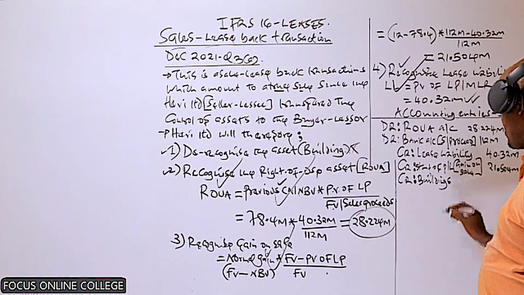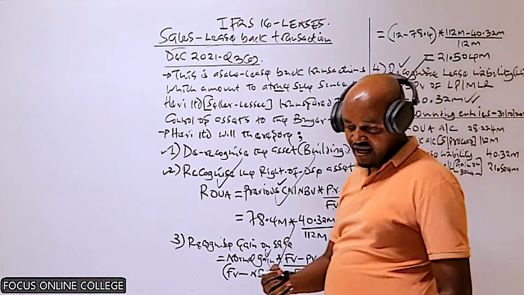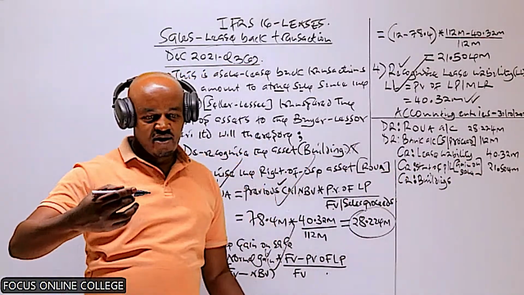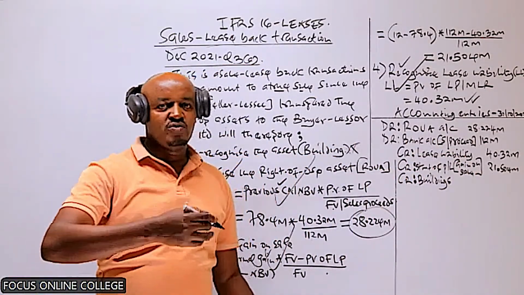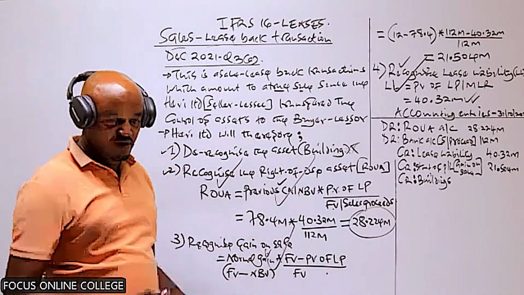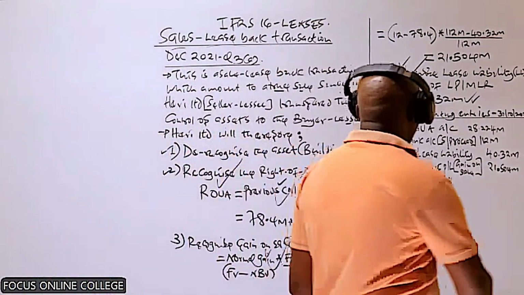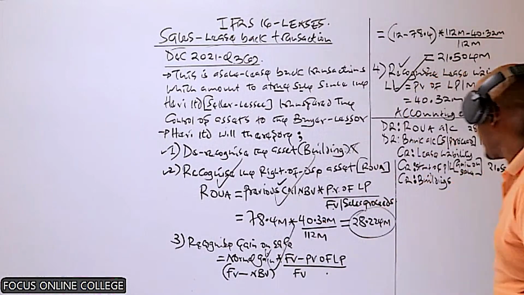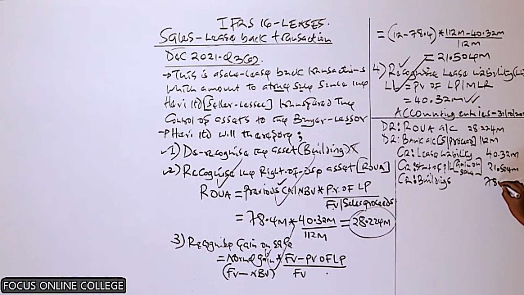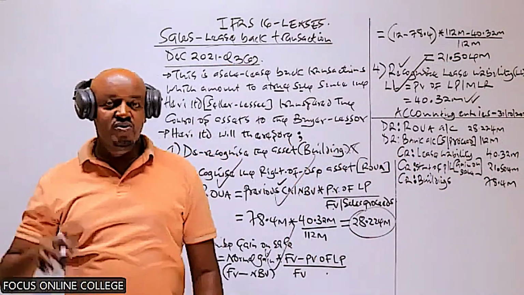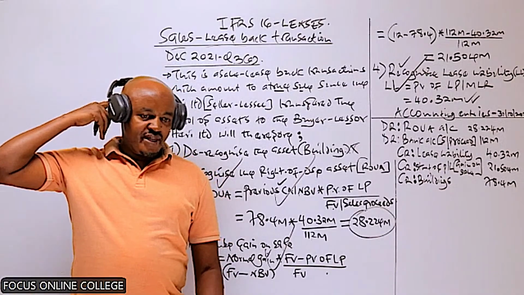To credit the buildings account is to remove this building from the buildings account. So we credit this account with the net book value, which is 78.4 million.